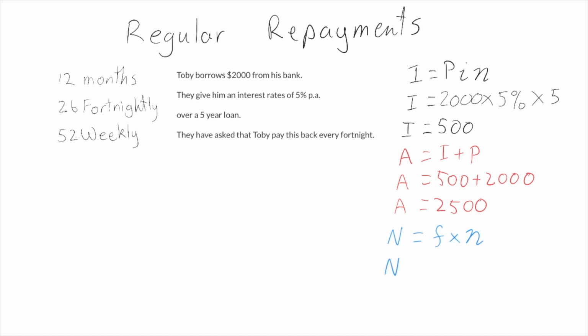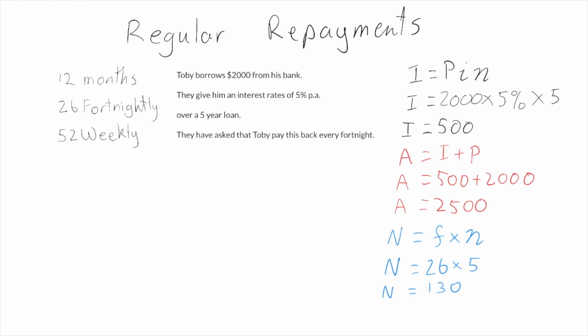So capital N is equal to, well, if we look back at the question, we know we need to pay off fortnightly. So we look over to the left, we have 26 fortnights in a year times 5 years. So how many repayments are we going to make? We are in fact going to make 130 repayments over the course of this loan.